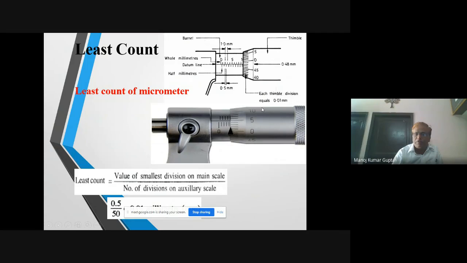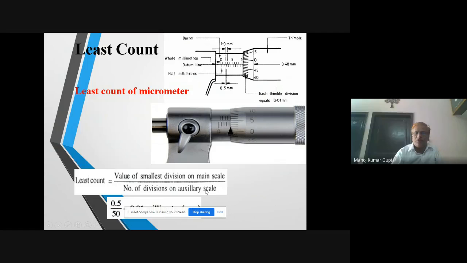And each thimble division is equal to 0.01 millimeter. So least count is equal to the value of the smallest division on the main scale divided by the number of divisions on the auxiliary scale. The value of the smallest division on the main scale, this is the main scale, is equal to 0.5.